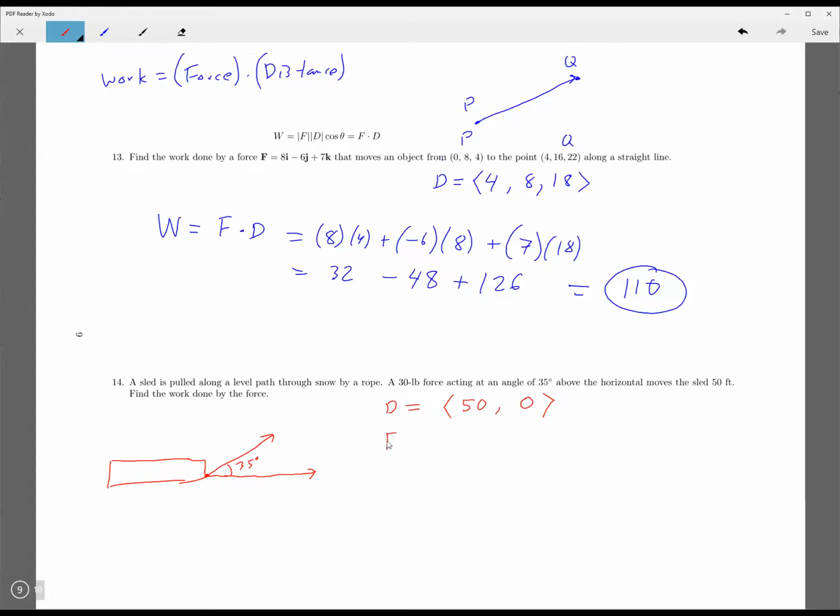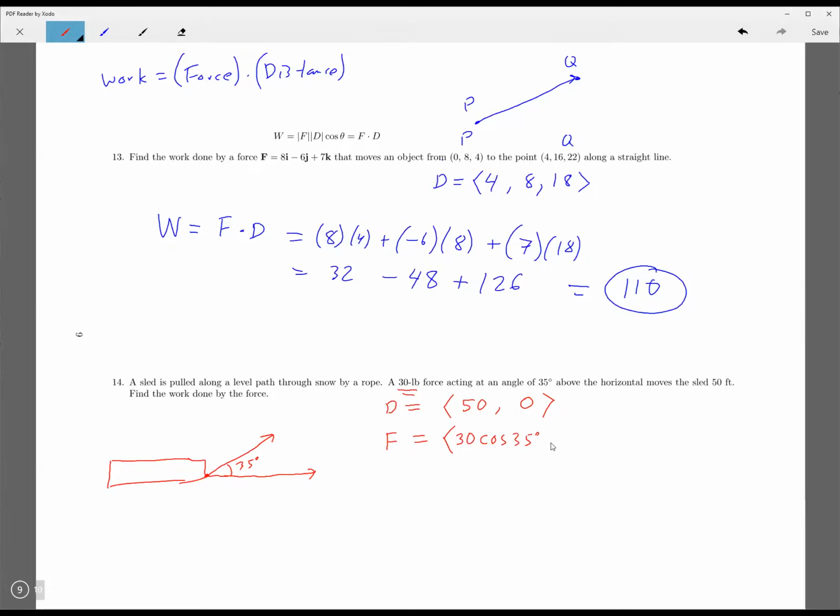Okay, now your force vector is going to be, so the magnitude of the force is 30 pounds, right? That's the magnitude. And if you were to split those up into the horizontal and the vertical component, what's the horizontal component? 30 cosine 35.